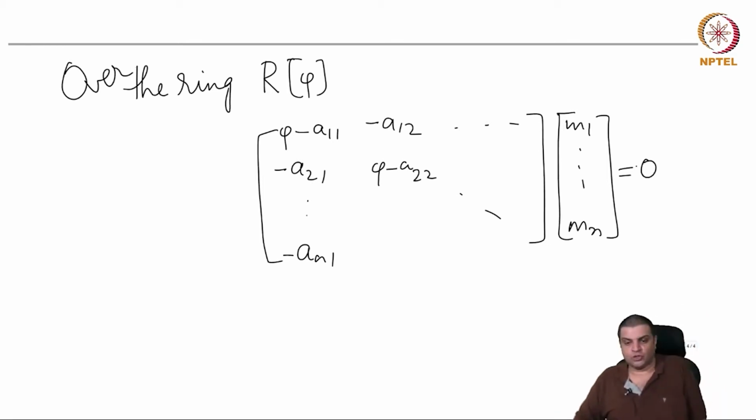So M is also a module over that ring, and over that we get this expression. So this matrix has entries in this ring and not in R.